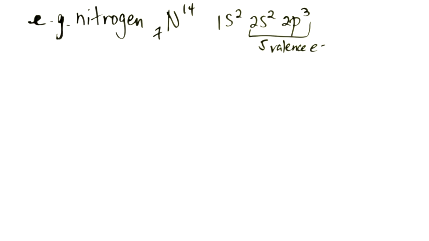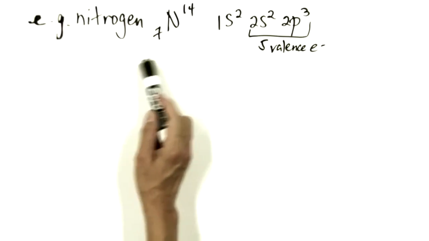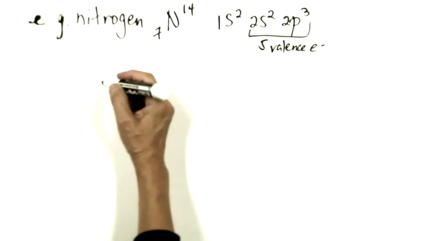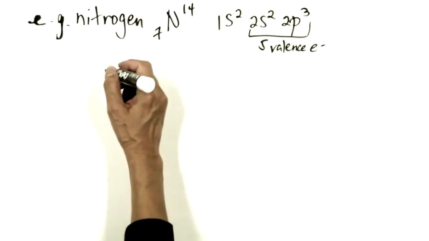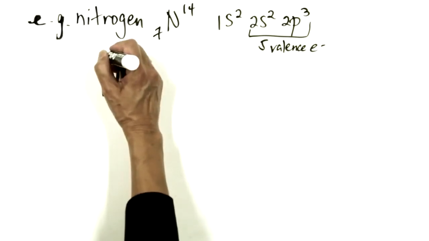Okay, so let's look at another example here, and we will go back to our nitrogen atom. So we said nitrogen has 5 valence electrons, and let me just redraw nitrogen. So I can draw nitrogen like this.